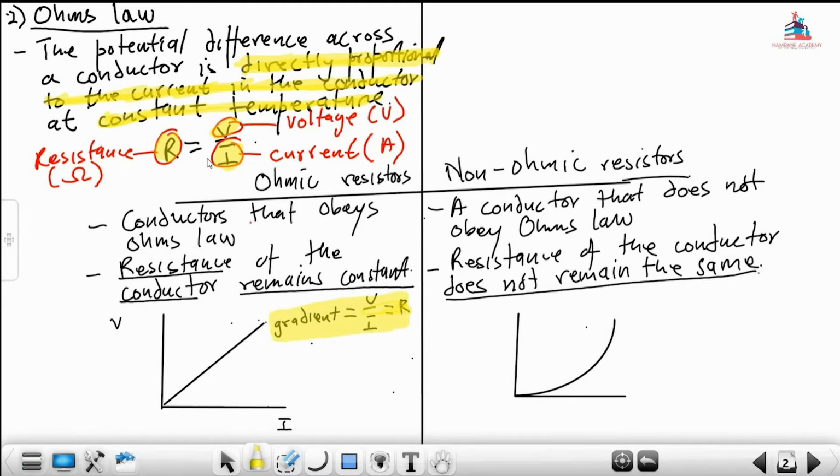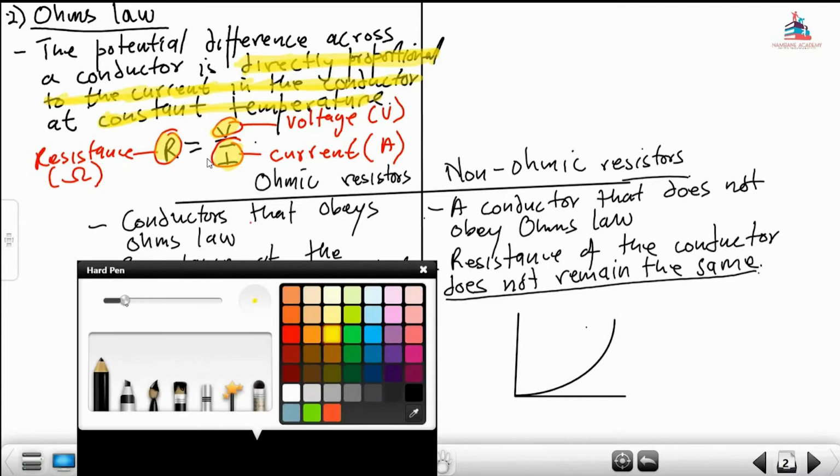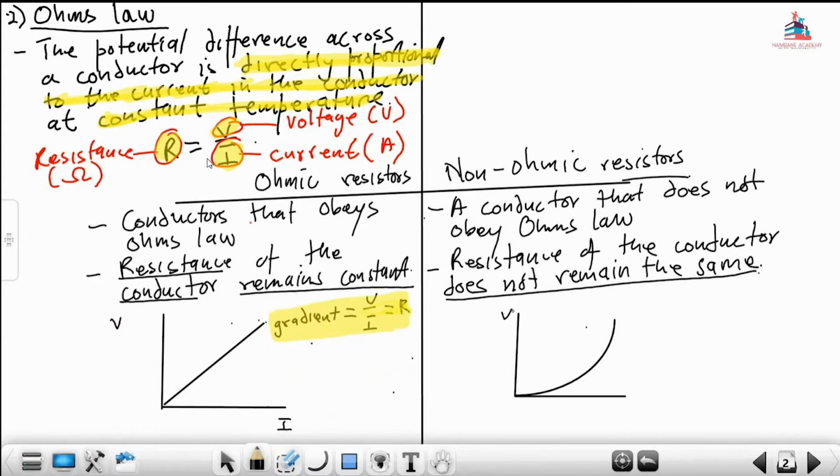But let's check what happens with a non-ohmic conductor. If I have a non-ohmic conductor, I am still going to draw the same graph for V and I, but I can see that across all the points, my gradient is not the same.